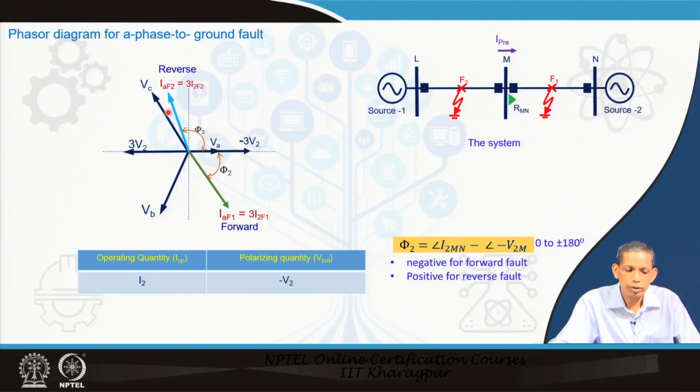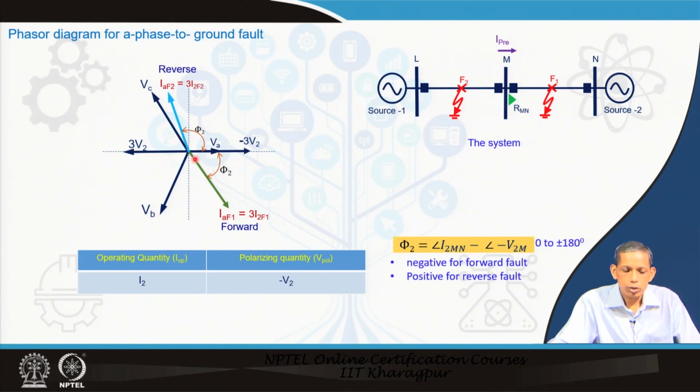The resultant of these three phasors will come in this direction, and that is nothing but 3 V2. So, V2 equals 1/3 of VA plus alpha square VB plus alpha VC.